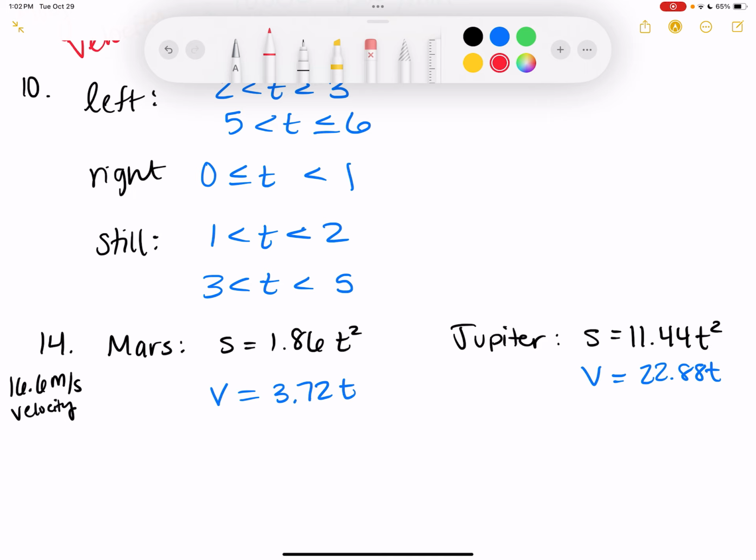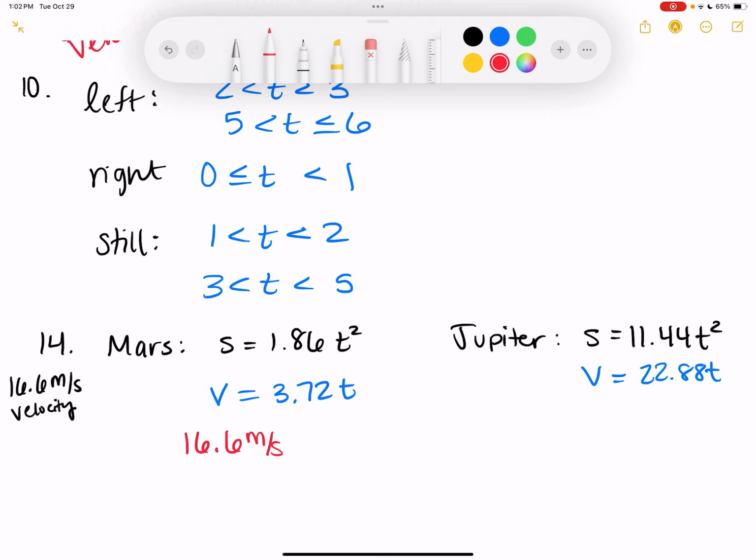Is that what you're looking for? More or less. Okay, so when I go to solve this, the velocity, 16.6 meters per second, is getting plugged in here, and I'm dividing by this to solve for time.